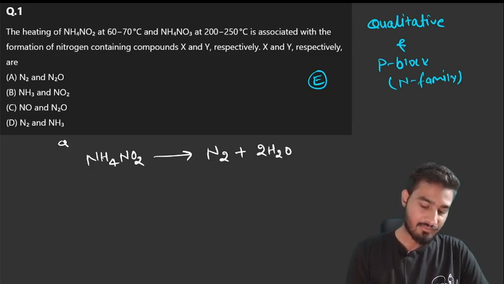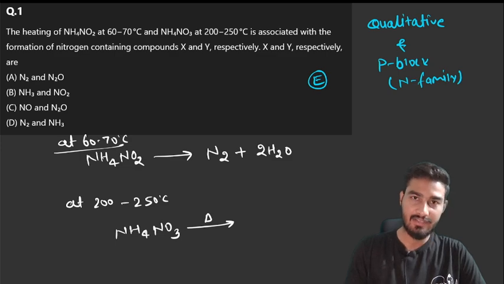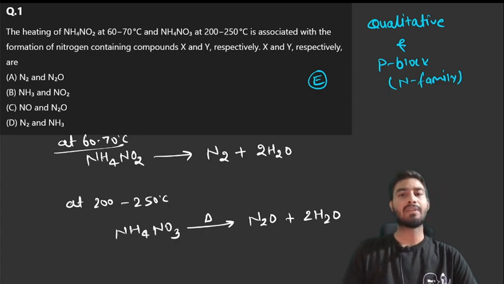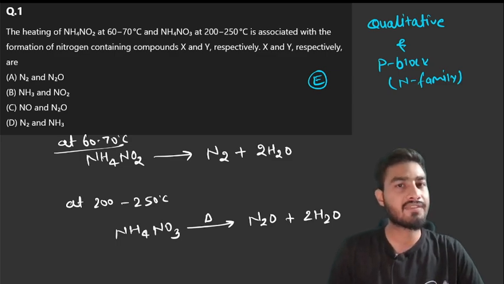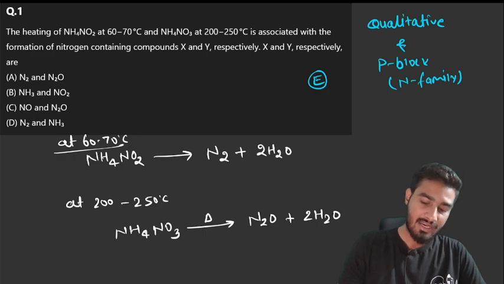But when NH4NO3 is heated at 200 to 250 degrees Celsius, it gives N2O gas plus water. These are simple reactions we have done in qualitative analysis.